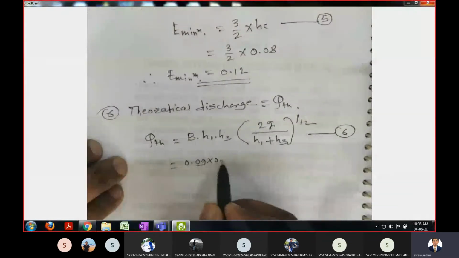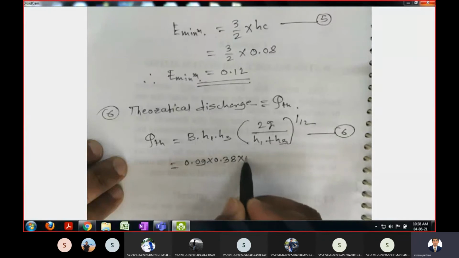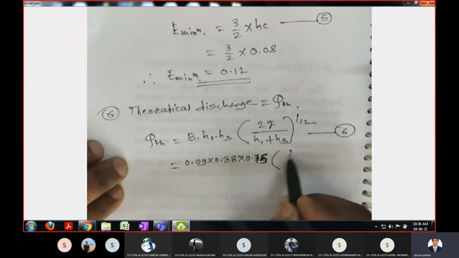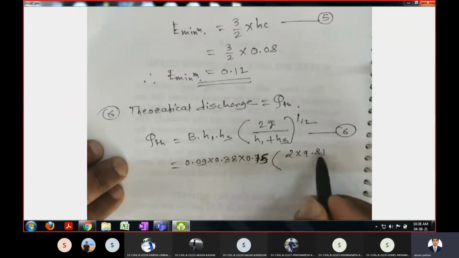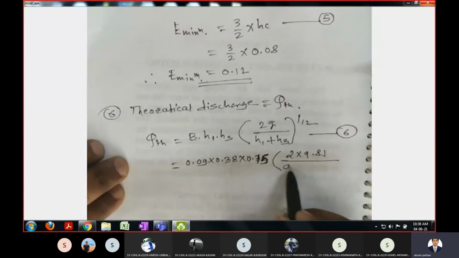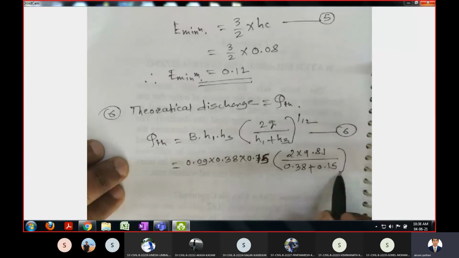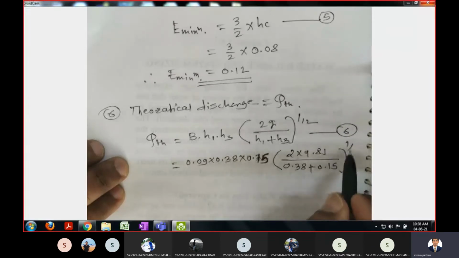So 0.38 into 0.15, then 2 into 9.81 divided by 0.38 plus 0.15, raised to half.